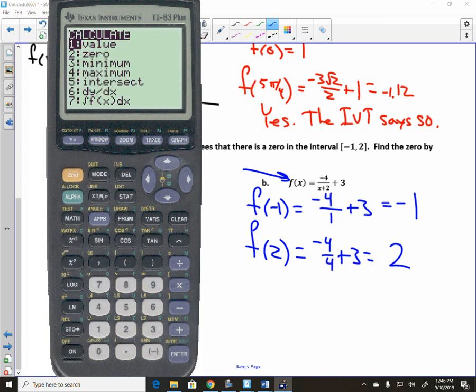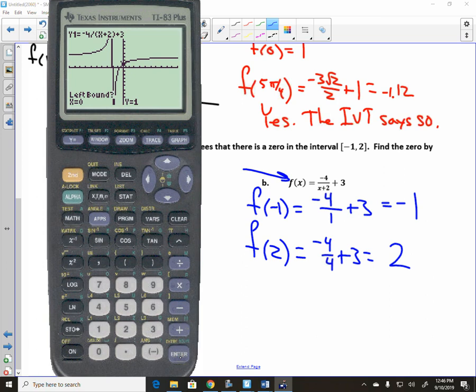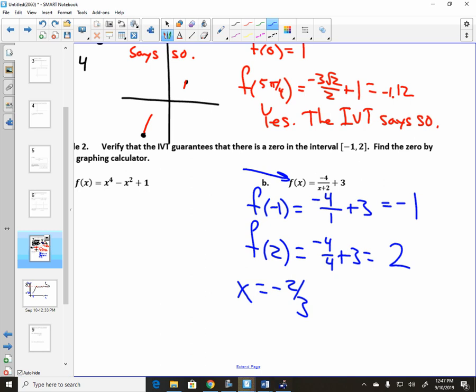I can calculate the 0. Left bound, enter. Right bound, enter. I go above and below. I don't need to guess. It finds an x value of -2/3. Is -2/3 between -1 and 2? It sure is.